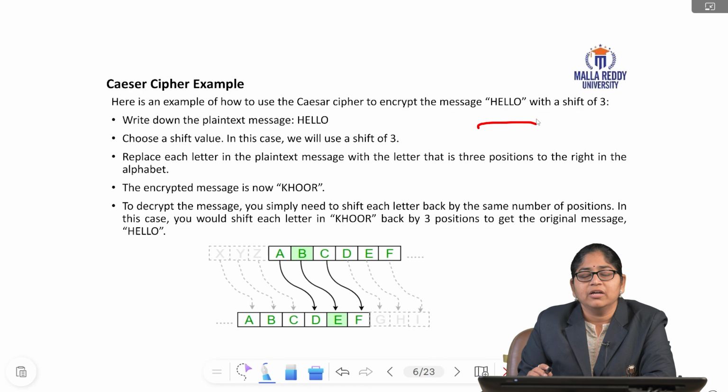For HELLO, for H the ciphertext is K, for E the ciphertext is H, for L it is O, and for O it is R. Like this, with the help of the shift operation, we can convert plaintext to ciphertext, and the same decryption is possible using the Caesar cipher technique with the help of a left shift operation.